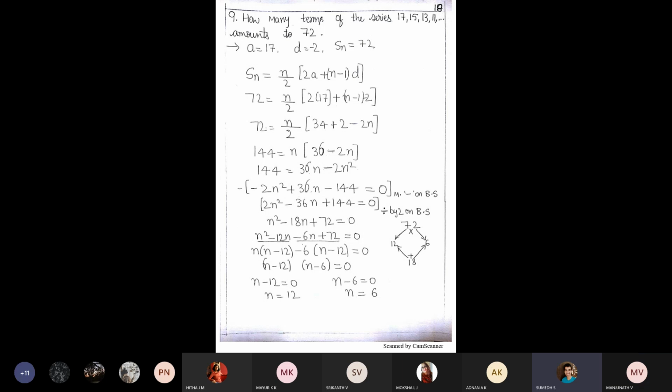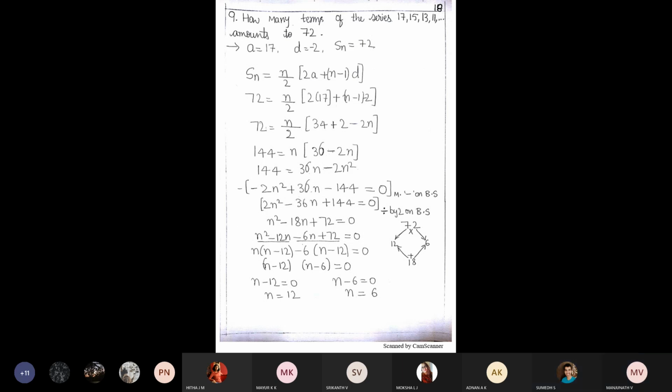Yeah, sir. I stopped at divided by 2 on both sides. Now we are left with n square minus 18n plus 72. Here we have to come up with two terms such that if we multiply them, it should be 72, and if we add them, it should be 18.